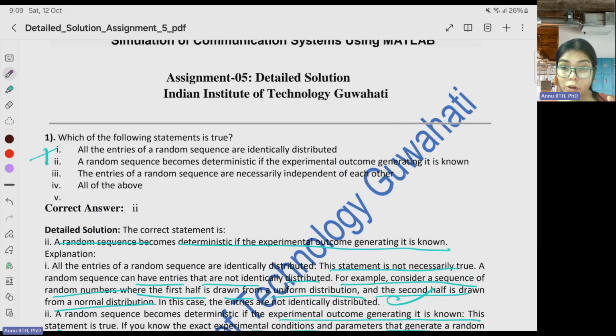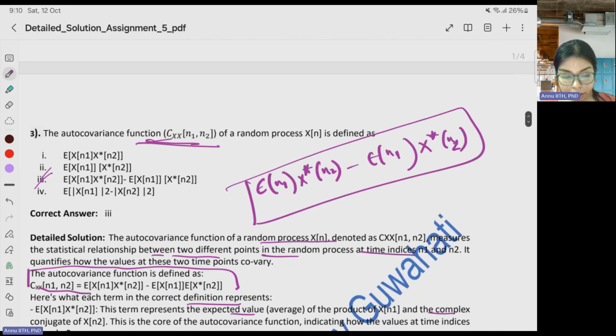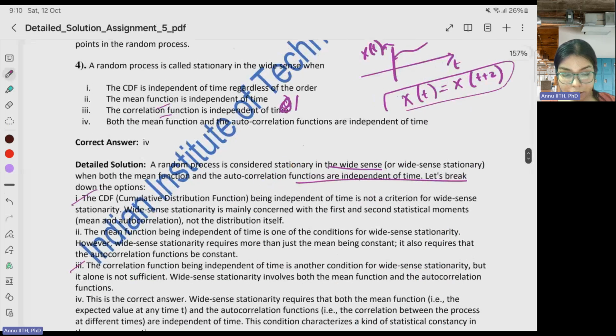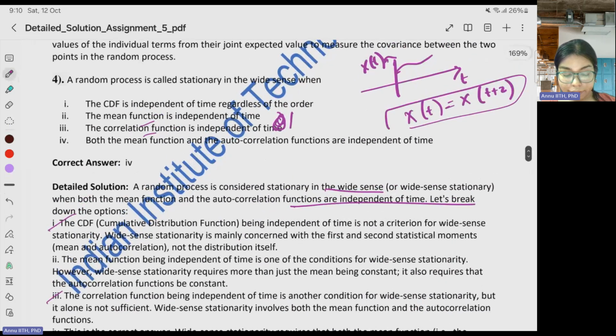Whenever we want the output of a linear system, then it is called a convolution. Otherwise, correlation is calculated for finding similarity between two signals, and convolution is calculated for getting the output of an LTI system. That's the only thing. And in week 5, what is the process for stationary in the wide sense?